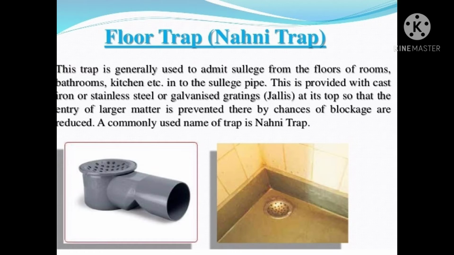It is provided with cast iron, stainless steel or galvanized gratings, jalis, at its top, so that the entry of large matter is prevented. Thereby, chances of blockages are reduced. A commonly used name of this trap is nahani trap. This one is the PVC. This one is the galvanized.